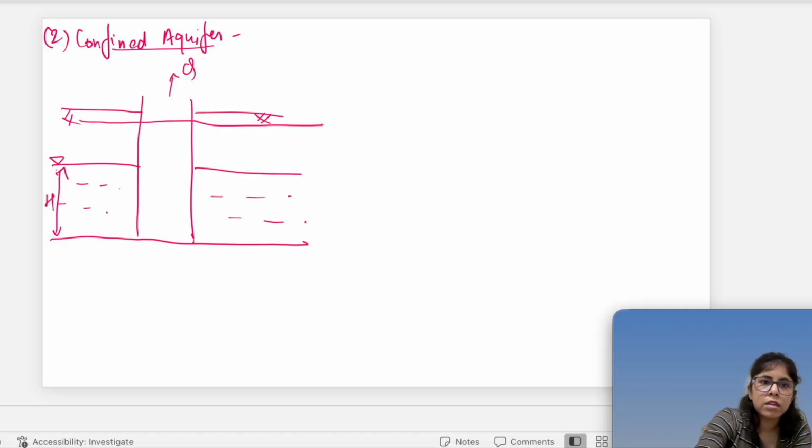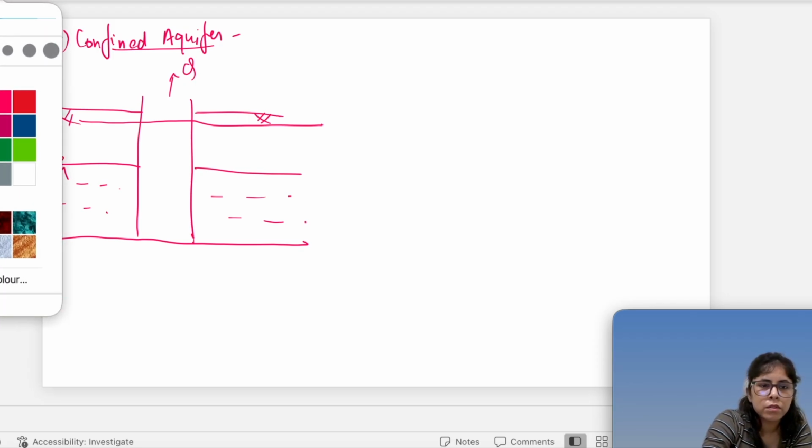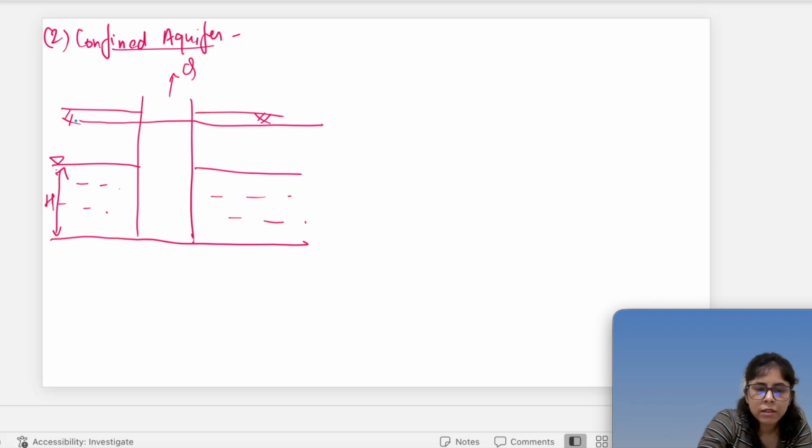And this confined aquifer is having height h. Confined aquifers are under pressure, right? So original piezometric height will be somewhere like this. Now the cone of depression will be something like this, because this type of confined aquifers are originally under pressure. So if it is under pressure, there will be a piezometric line, right?